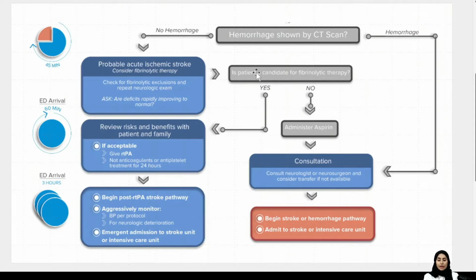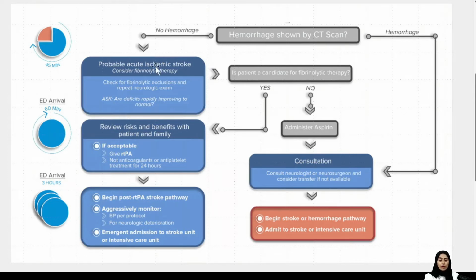Head CT will either show hemorrhage or no hemorrhage. If no hemorrhage, the patient probably has acute ischemic stroke, then we will consider whether he is a candidate for fibrinolytic therapy or not. Head CT and its report should be done within 45 minutes.